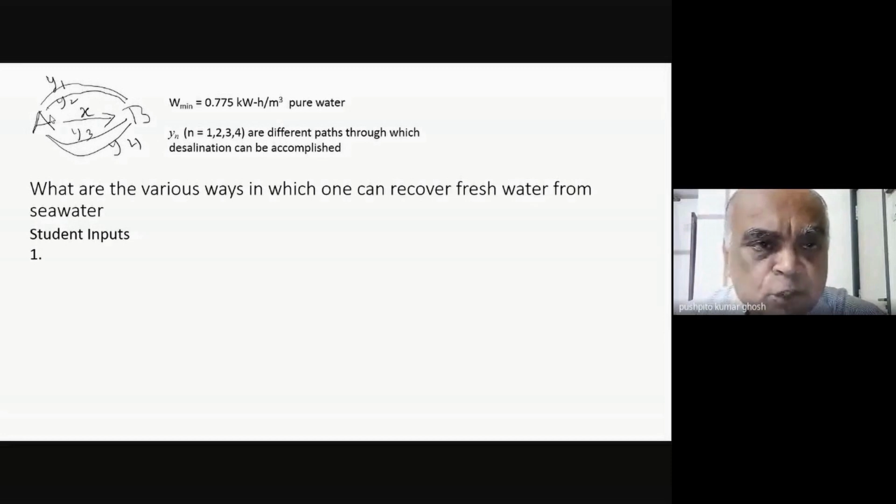I've just shown it as, let's say, Y1, Y2, Y3, Y4 as all different methods by which I can go from A to B. My end is always the same. Let's say I'm doing exactly the same thing in all the cases, but doing it by different means. So these would all be functions of the path. So it would be a path function.